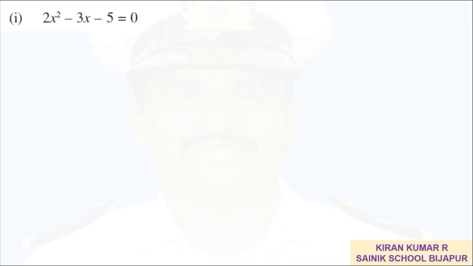First question is 2x square minus 3x minus 5 equal to 0. We all should remember the formula. The formula was x is equal to minus b plus or minus root of b square minus 4ac upon 2a.